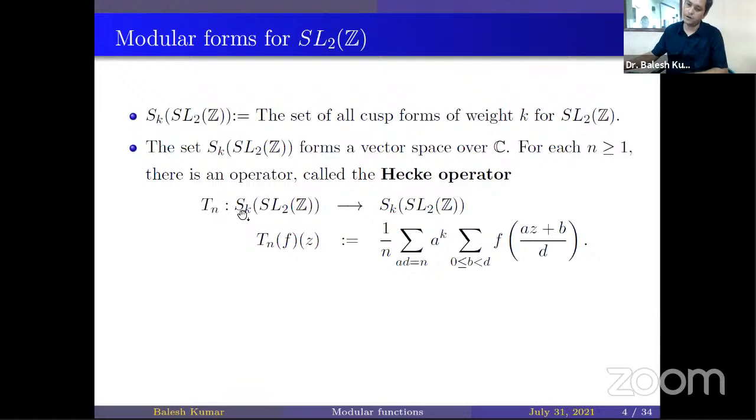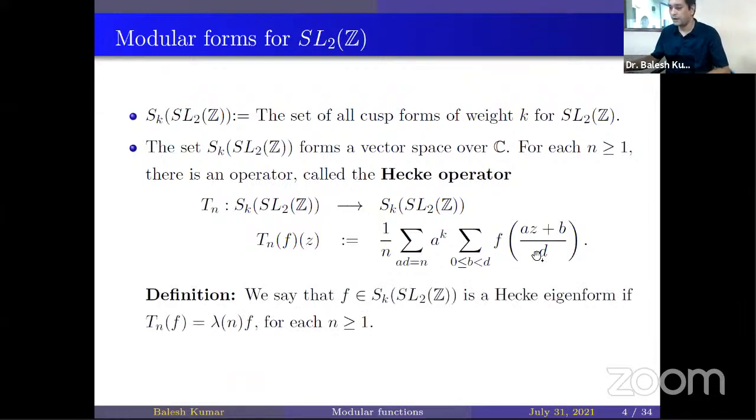In fact, they act on the space of modular forms, but for the purpose of this talk we will be fixing our notations for the cusp forms. We have this family of Hecke operators acting on this space, and this is given explicitly in terms of this definition.